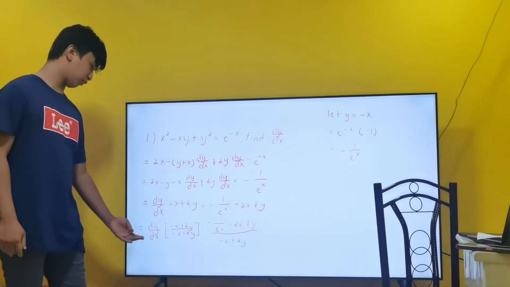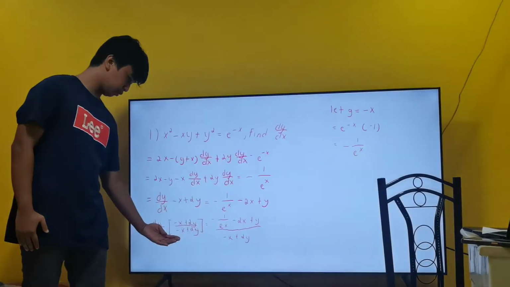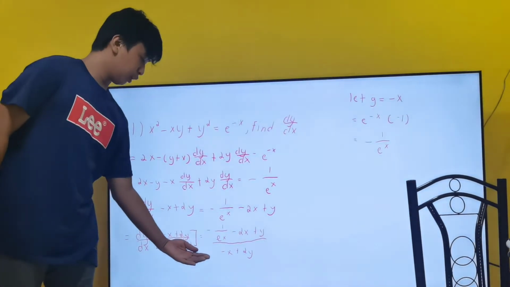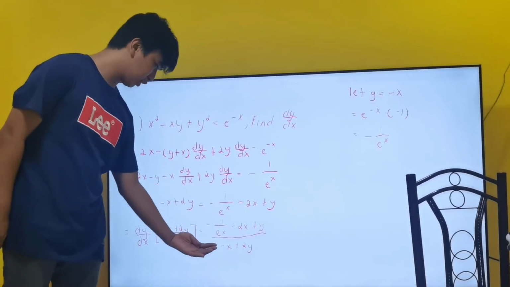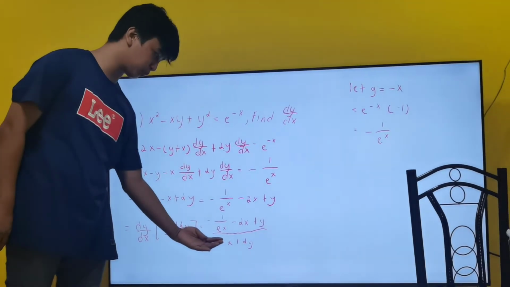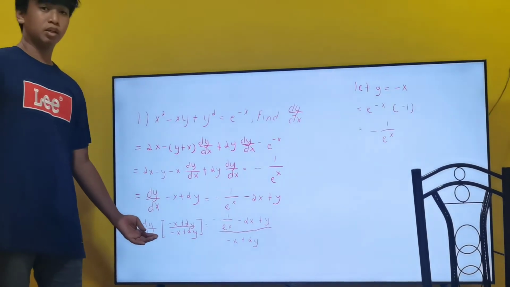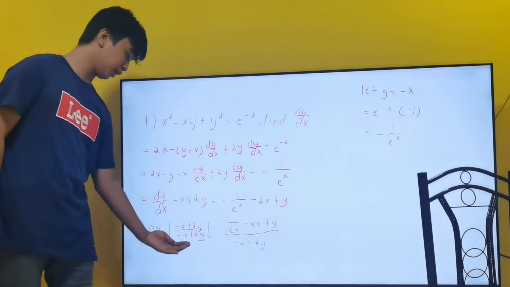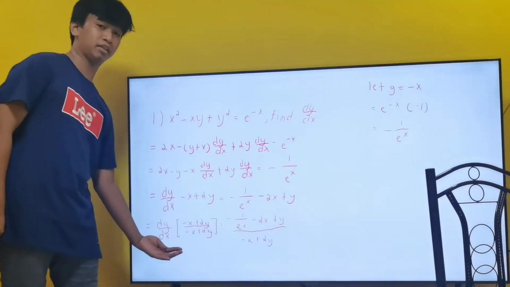In our fourth step, dy over dx, bracket negative x plus 2y, over negative x plus 2y is equal to negative 1 over e raised to the power of x minus 2x plus y over negative x plus 2y. What happened here is we just divided both sides by negative x plus 2y in order to cancel out negative x plus 2y on this side.